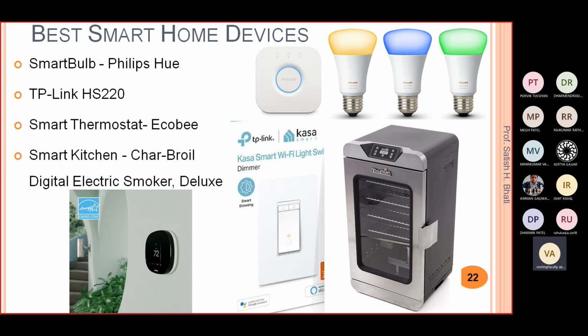Then some other smart home devices like the smart bulb, so that is provided by Philips Hue, you can see in the picture, right. Then the Kasa, so they have the TP-Link HS220, that is a kind of system that you can use for controlling the light, for dimming, switch on, switch off, and they are compatible with Alexa and Google Assistant, right.